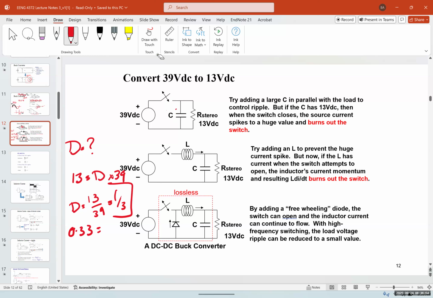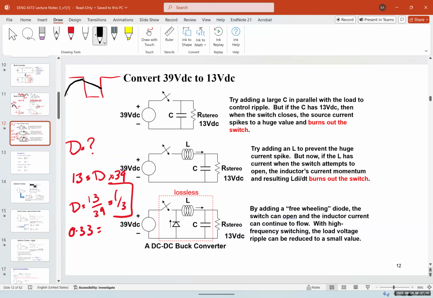So again, we need to add the capacitor to be able to control the ripple. Instead of having a pulsating DC, we want to be able to charge the capacitor, I'm going to show you the capacitor voltage with the black one, and discharge it and make it have less ripples.